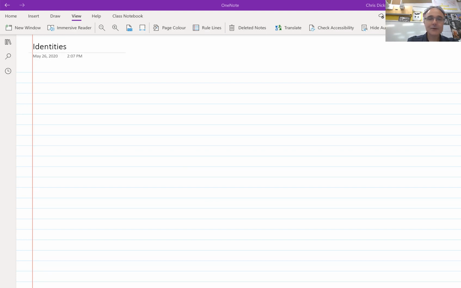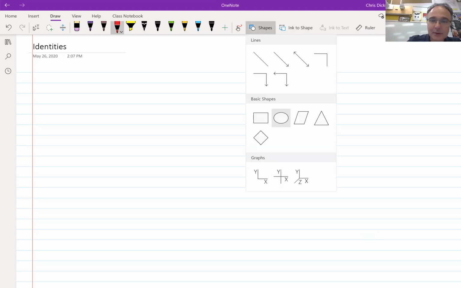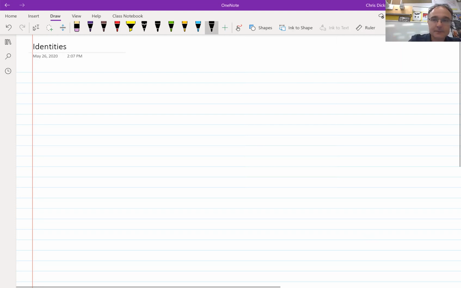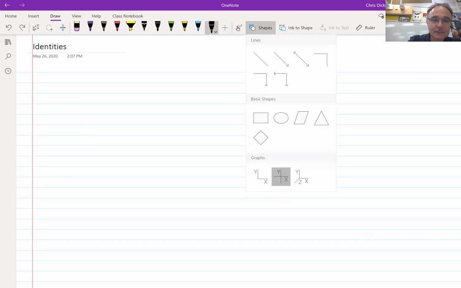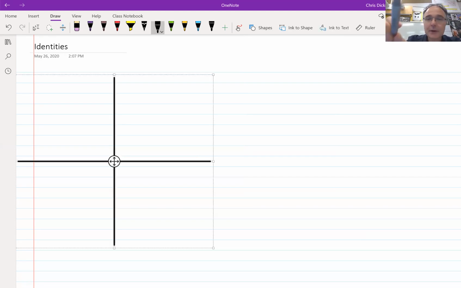All right, okay. So on your diagram, we're going to draw a few things. One is the Cartesian plane, so let's start with that. You might want to draw this relatively large.